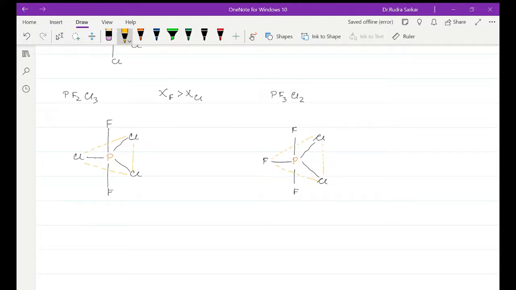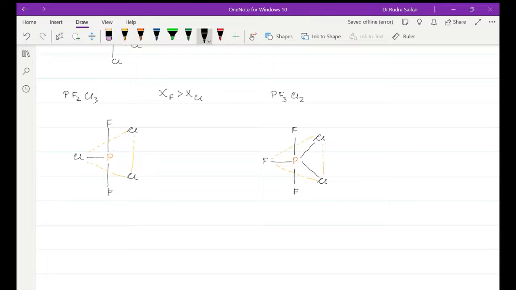Now, if anyone was to ask you about the dipole moment of this molecule, considering that the molecule is not undergoing any pseudo rotation or has no fluxionality, that means the positions of the atoms are fixed, that is, the molecule is non-fluxional. These types of questions obviously come in CSIR NET.